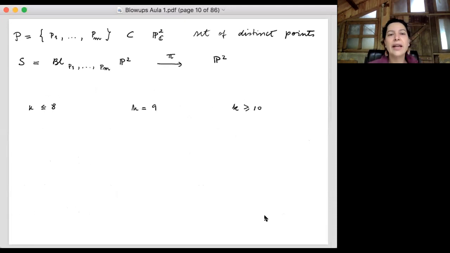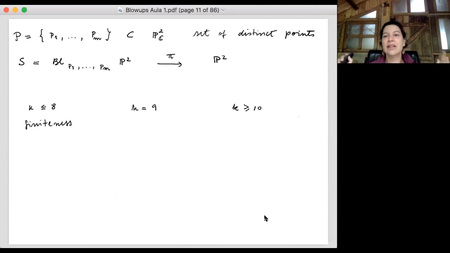Okay, and here is the very rough trichotomy that we get in the two-dimensional case. There is a natural subdivision into 3 cases: the case when you have at most 8 points, then a special case when you have 9 points in P2, and when m is at least 10, we get a different situation.